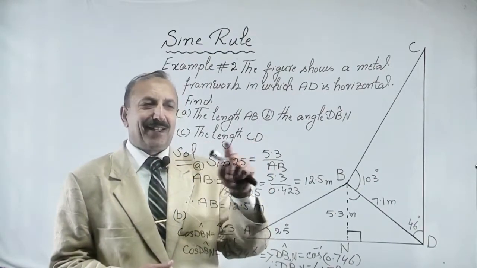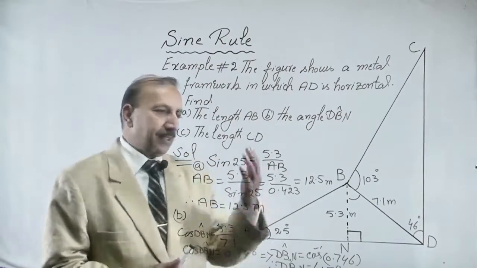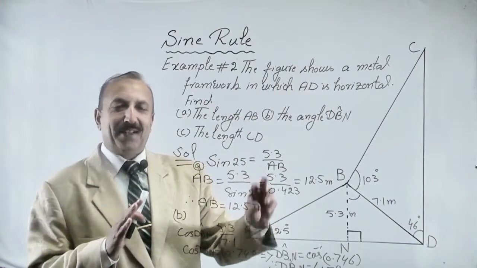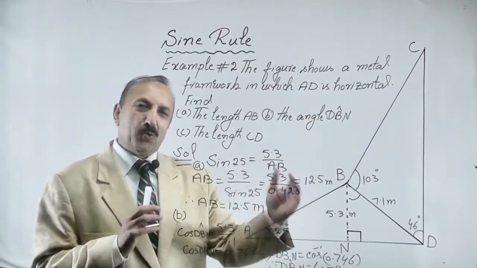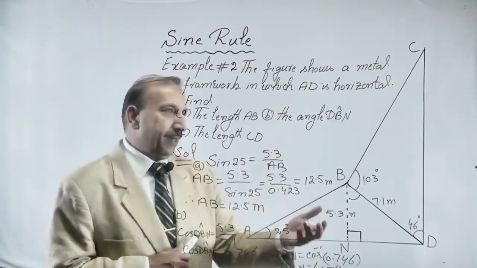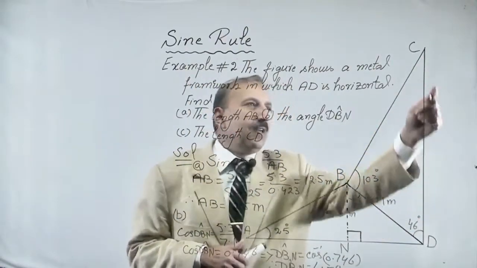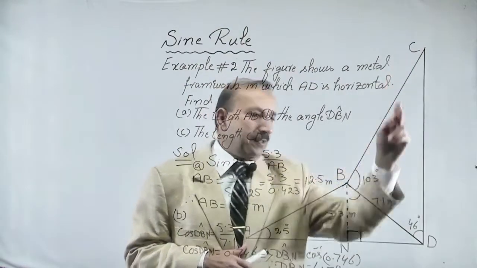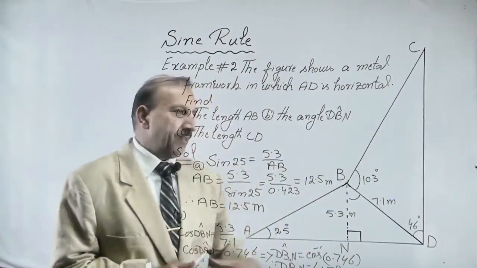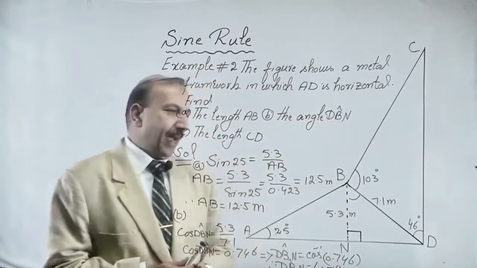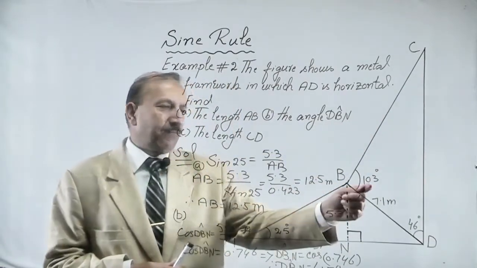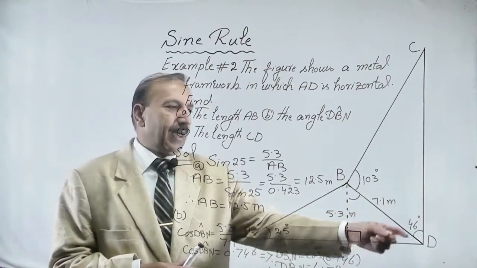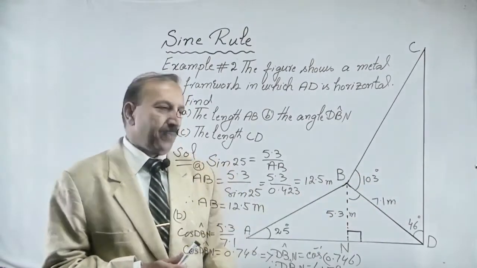This is the length CD we are supposed to find. Let's see in which triangle the CD side is there, and then we will assess what to do with this triangle. Here is CD, and this is part of triangle CBD, or BCD, in which we are supposed to find this side, and we are given this angle 103, this side 7.1, and this one angle 46.